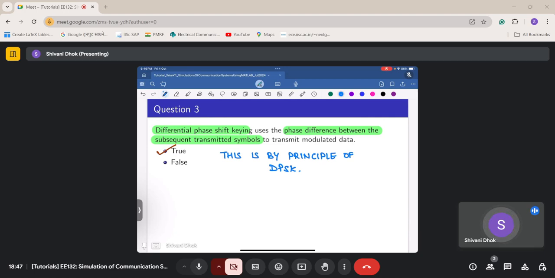But this is by definition, by the nature, or by construction. This is how DPSK works. Any questions?